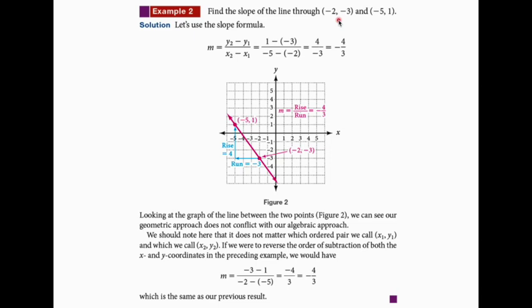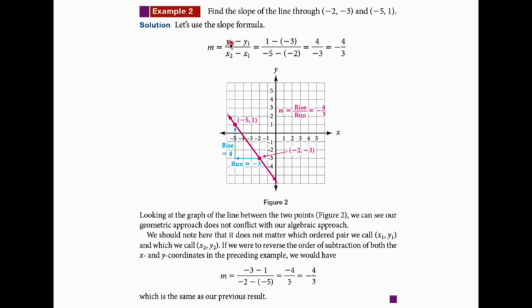So it looks like the author of the book made this the first point and this the second point. So this is x1, y1, x2, y2. So when you look at your formula, you're going to take the change in your y's. When you do this, you also have to be consistent with the way that you're subtracting.